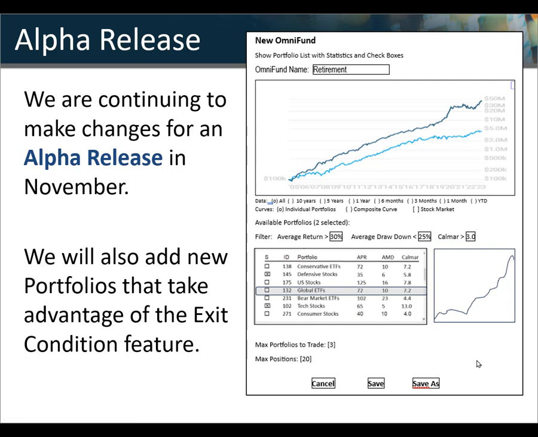So excited about it. Working very hard to make this happen as quickly as we can in November, and also, as I just talked about with ATM, creating new portfolios that take advantage of the exit condition feature. So ATM can get into anything, but then this new feature, which we can model in ATM very easily, has been replicated in OmniFunds so that we can get out of things that are going against us.